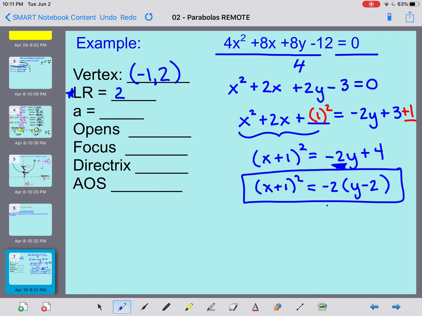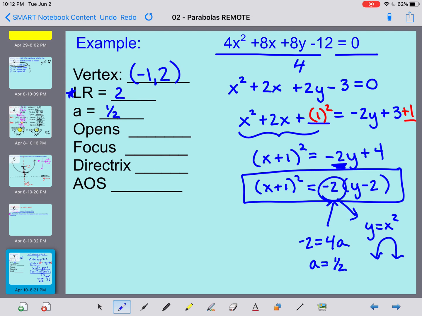The A value, we're going to take this number, set it equal to 4A from the formula, and solve for A. So A equals 1/2. I'm going to say it's positive because A is a distance, so I'm going to ignore the negative sign. Which way does this open? I see y equals x squared, but I also see that it's -2. So that means it's going to open down.